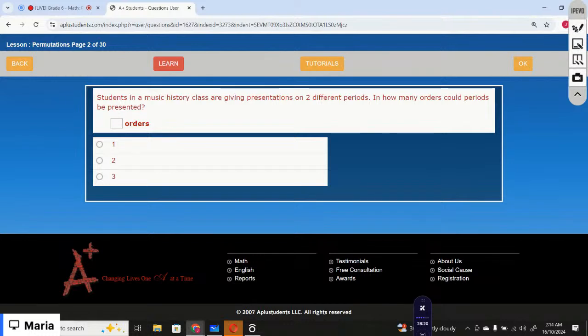Students in a music history class are giving presentations on 2 different periods. How many orders could the periods be presented?